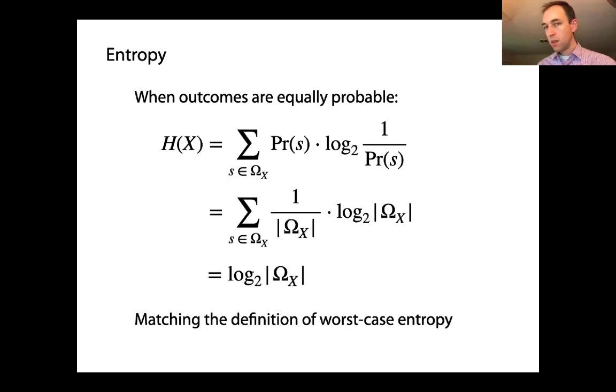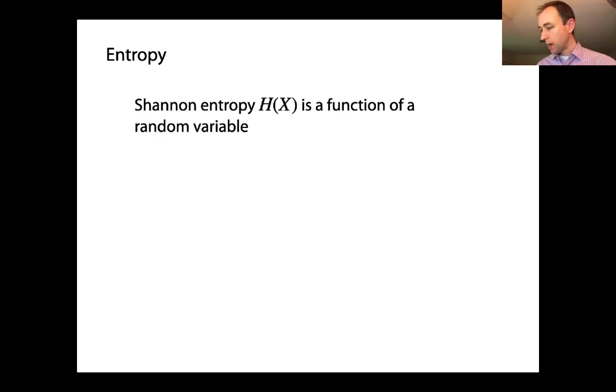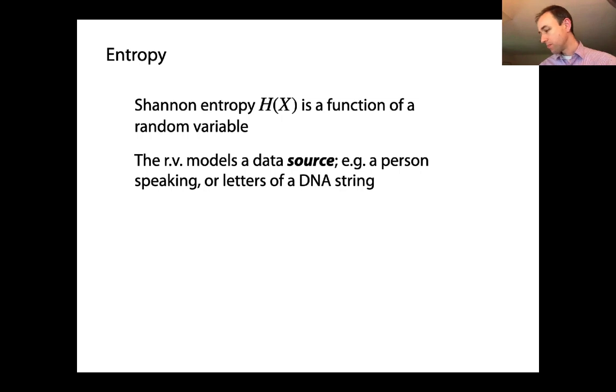Let's just review here. We've talked about Shannon entropy, H of X, which is a function of a random variable. And that random variable could be modeling some kind of data source. If we're dealing with text, we could think of the random variable X as being a generator for text.